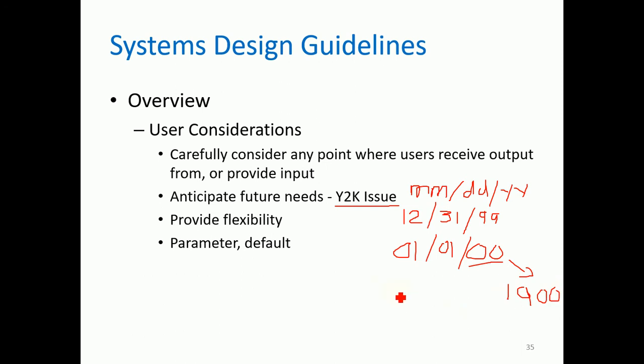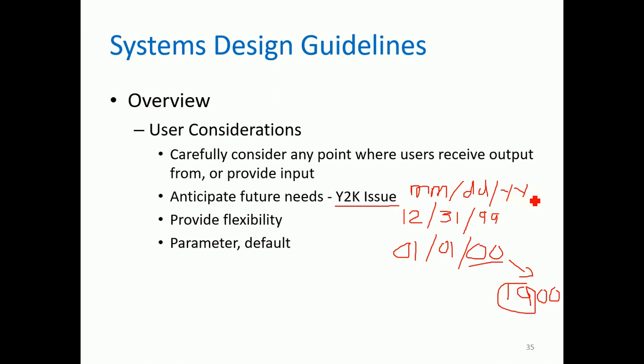Actually, it will be a problem for banks because of course, the year is already 1999. But since we are in a new millennium, it should be 2000. But of course, since it's only two digits for the year, it will become 1900.